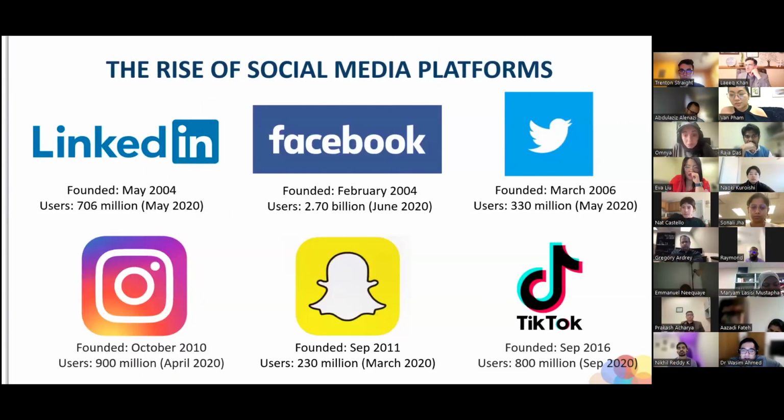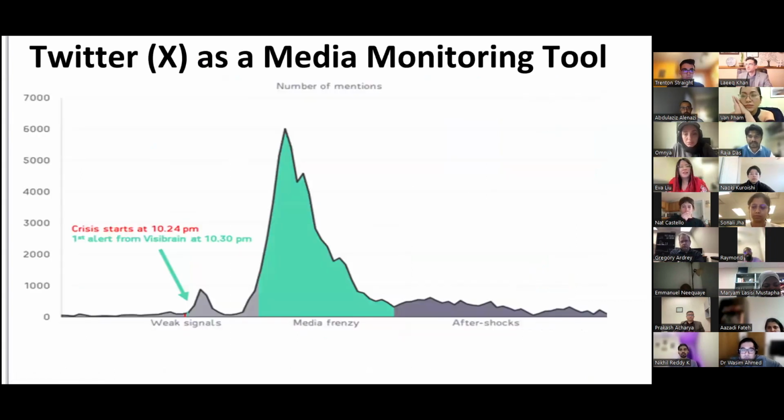On any platform, you can actually take that and put it into the software for analysis. So there's been an argument for social media as a media monitoring tool and a way to gauge public opinion before it takes off. A lot of the tools have positioned themselves as being able to draw upon social media data to pick up on weak signals.